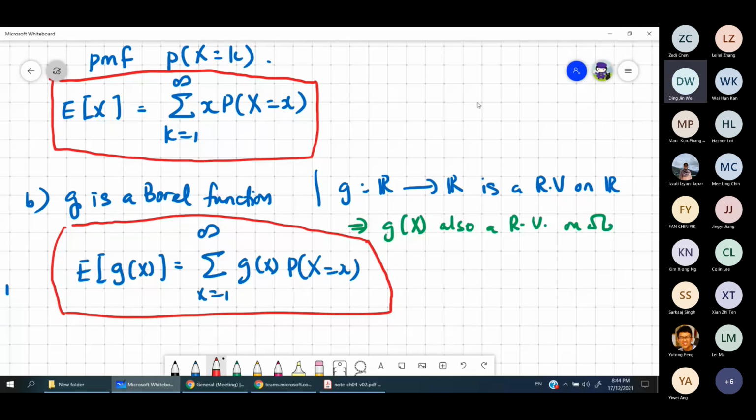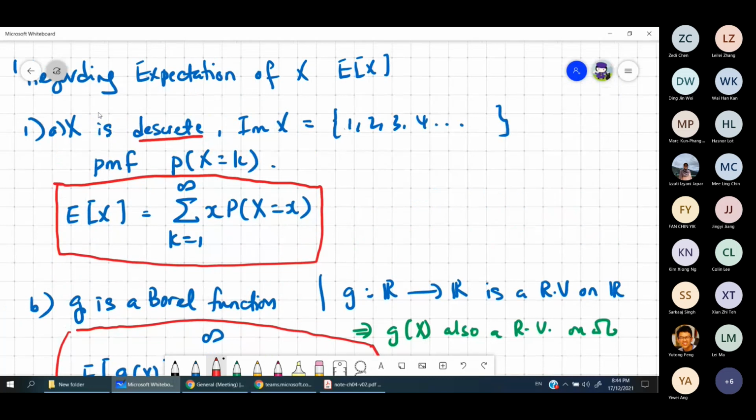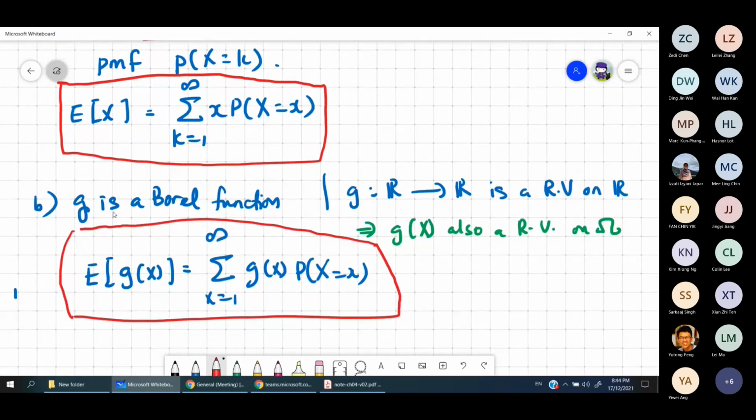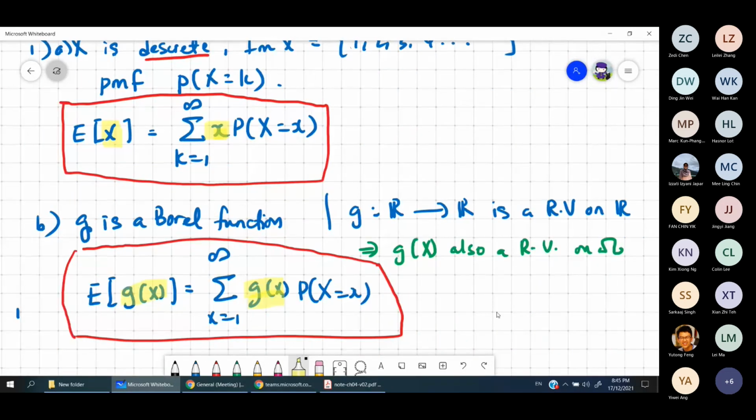This is the well-known definition of expectation for discrete random variables, and for a Borel function G, the expectation of G of X is given by this formula.